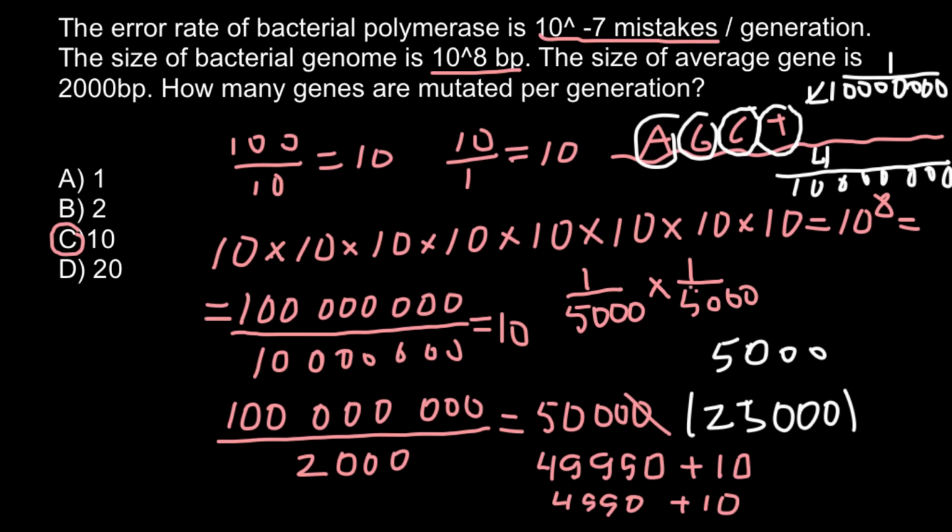So the answer would be 1 out of 25 million. So the probability that two mutations would happen in the same gene is extremely small.